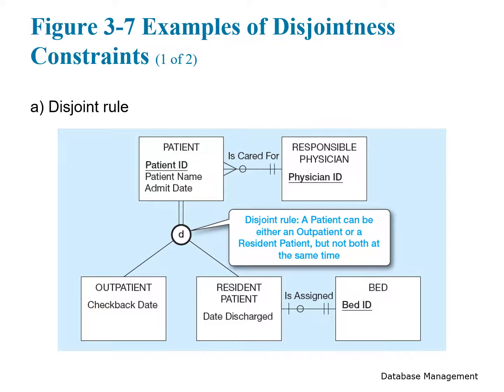Here we see a disjoint rule, not overlap. A patient cannot be both a resident and an outpatient, at least not at the same time. Of course, it's possible for a patient to be a resident for a period of time and then change to an outpatient or vice versa, but the patient cannot be both simultaneously.